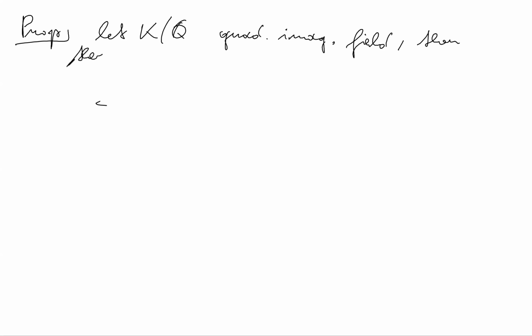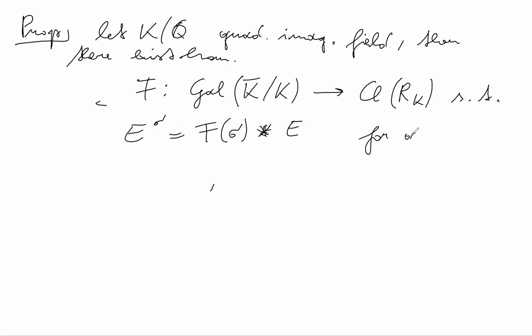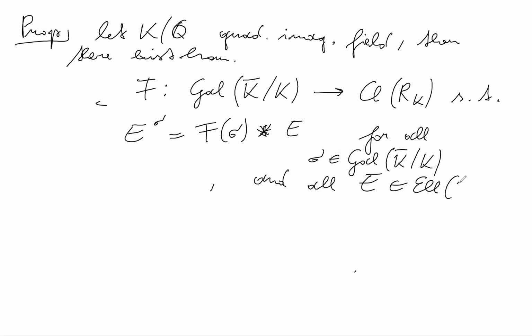Then there exists a homomorphism F with Galois group theta over K, such that for all sigma, this holds.